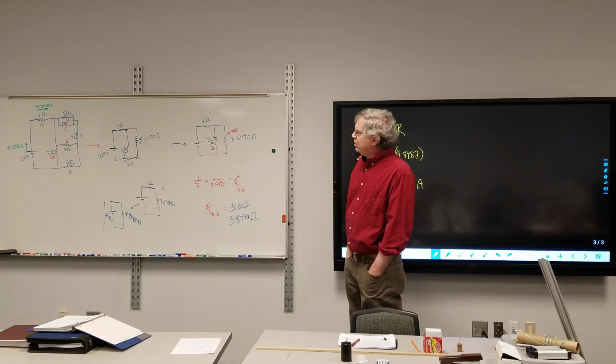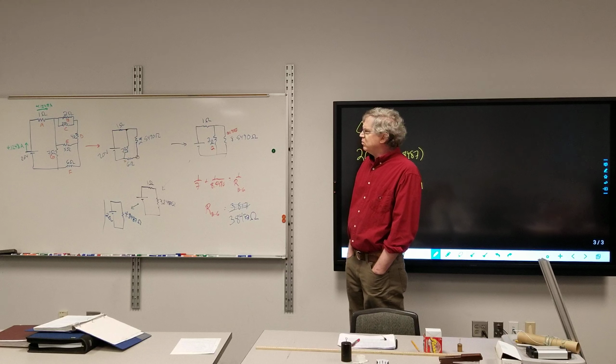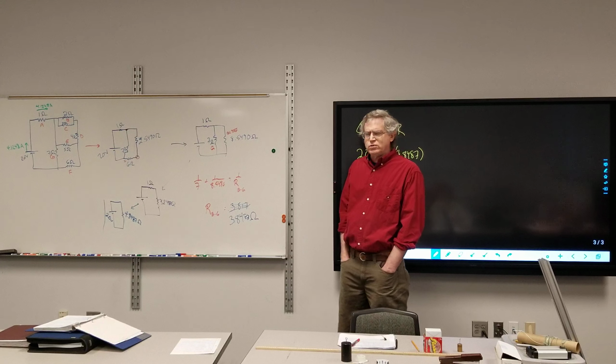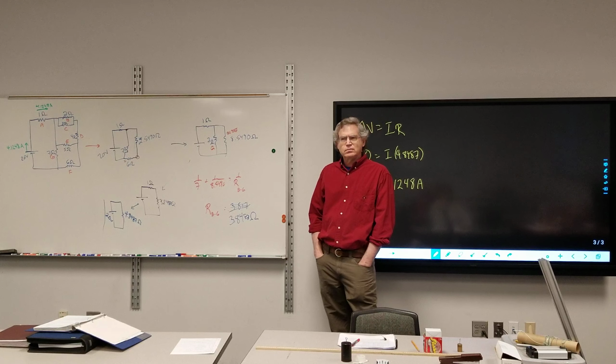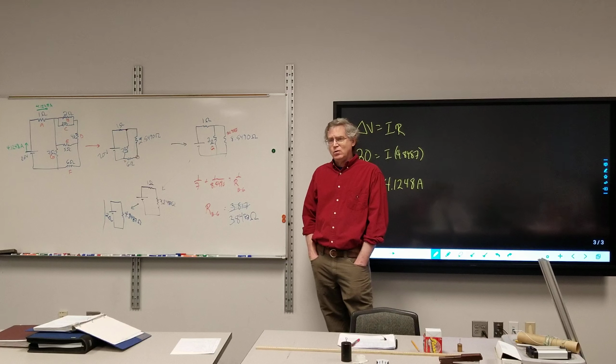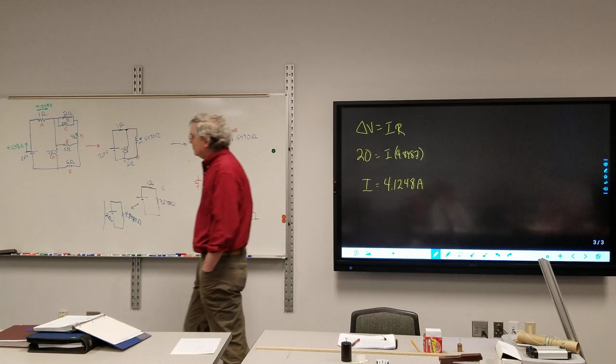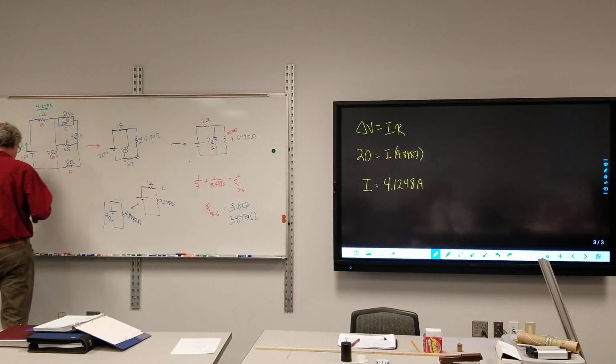So I know the current flowing across that 1 ohm resistor. What is the potential drop across it? What's the voltage across resistor A? Or how would you find it? Resistance times current. So it'd be 4.1248.